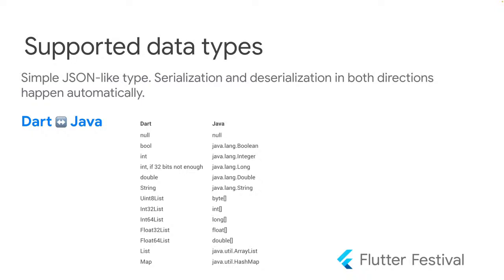In JSON, the supported data types are null, Boolean, integers, doubles, and strings. We can use them to send data to the native language and get the results back. So in Dart, if I send a null, I'm going to receive a null in Java, the Java null, not the Dart null.